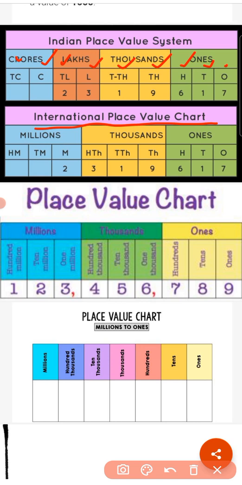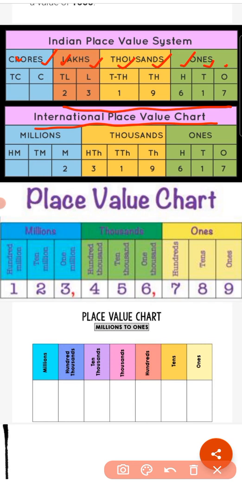Then thousands and 10,000s are in the thousands group. Lakhs and 10 lakhs are in the lakhs group. Then crores and 10 crores. It will continue. We will read this as 23 lakhs 19,670. This is in the Indian system.